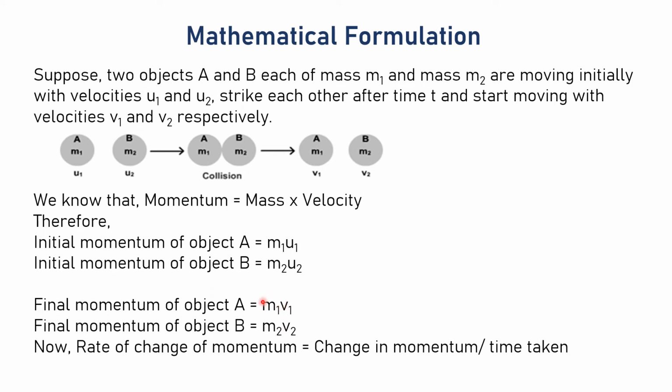Now because we have to derive this equation mathematically, let's see how to derive it, right? So first you have to take the rate of change of momentum. Rate of change of momentum is equal to change in momentum divided by time taken.